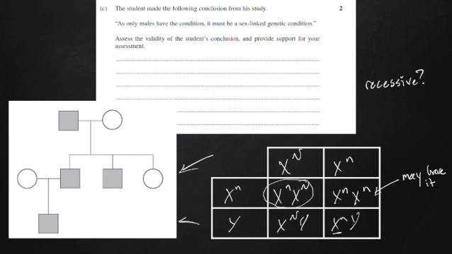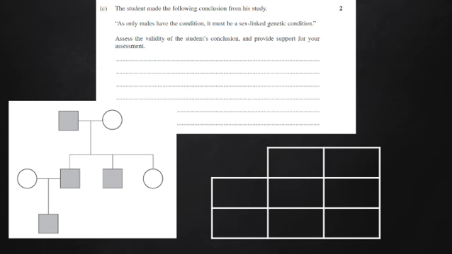That's a possibility, but let's have a look at autosomal and see what happens in that case. So if it is, let's try autosomal dominant. We'll do the mum at the top here. So she must be nn, and let's just say dad is Nn.